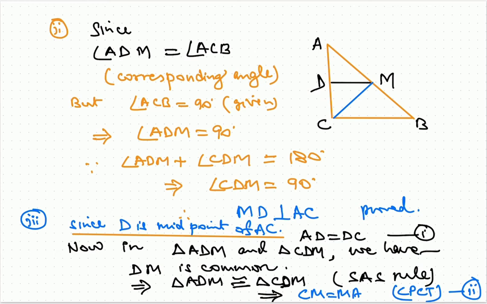Here DM is the common side of these two triangles, and this angle is already equal to 90 degrees, and D is the midpoint, therefore AD is equal to DC. So by the SAS rule, side angle side, we proved that triangle ADM is congruent to triangle CDM.